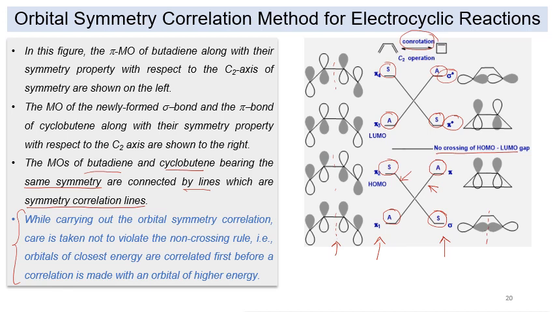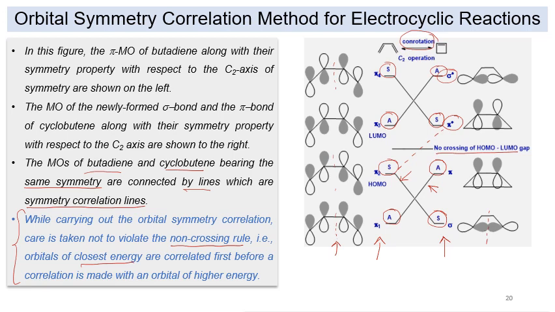So you may say that you can correlate this and this, but that is not allowed by the rule, which is called the non-crossing rule. First, you have to correlate orbitals of closest energy. Okay, so that is imperative.